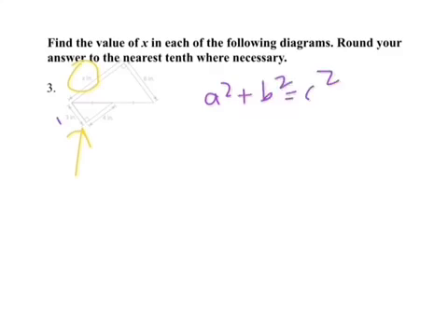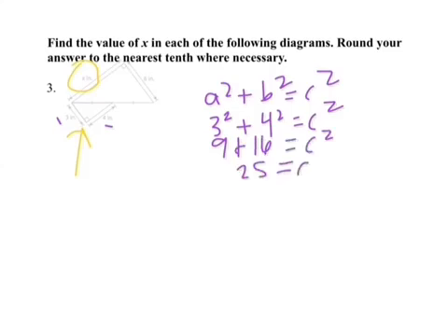So I'm going to use 3 and 4. 3 squared plus 4 squared is c squared. So 9 and 16 is c squared. The final step would be to take the square root. So in my picture right here, that would be a 5.